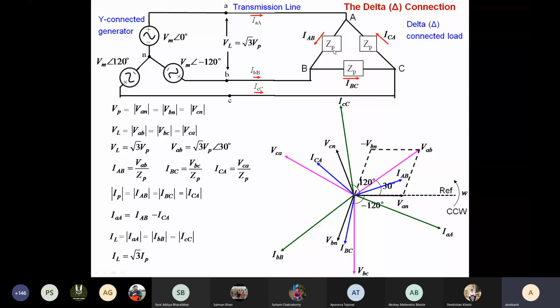In the phases AB, BC or CA, the individual phases of the delta, the whole line voltage gets applied. So let us do some numerical on this. If it is okay, we'll proceed with the numerical.